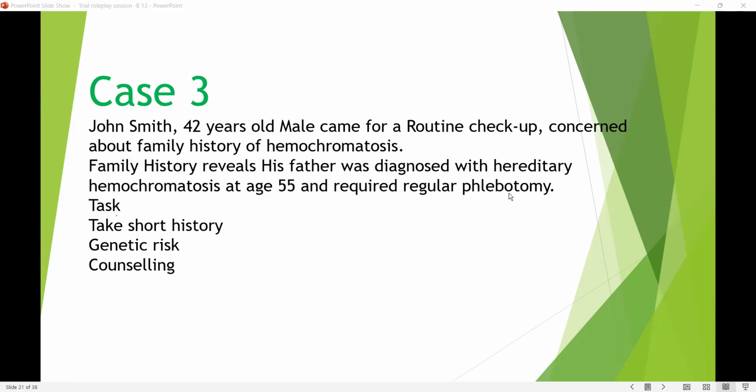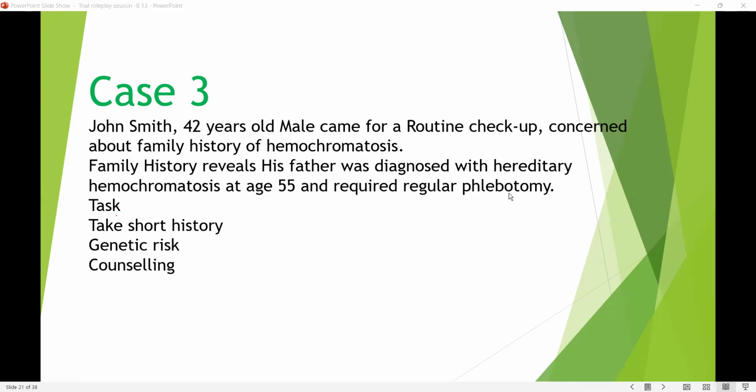You are definitely going to do a genetic test, but are you not going to do any blood test for this patient, like iron studies? That is another important investigation you have to do. And then, as I said, management: what happens if it is positive, how are you going to manage this patient? Okay, so let's discuss the case.